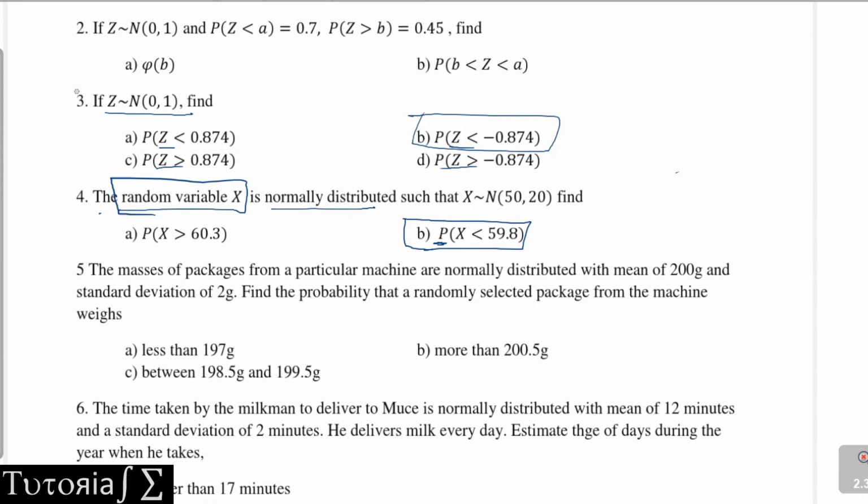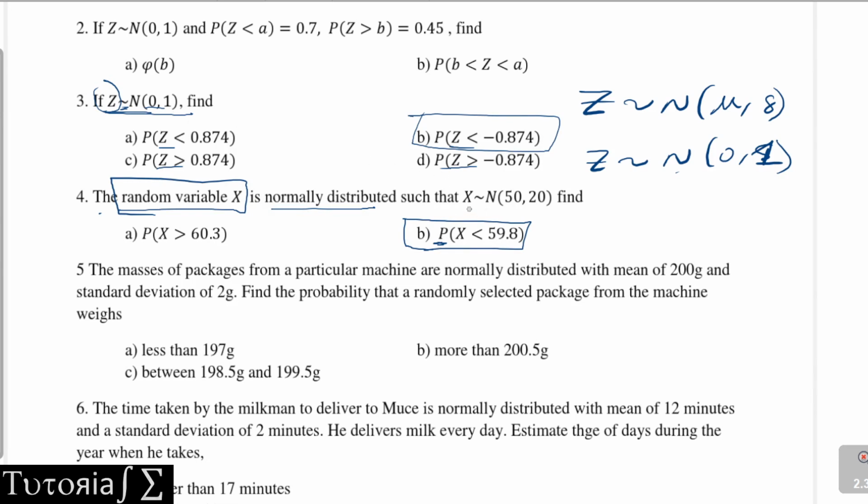For a z-score that is normally distributed, it has a mean and a standard deviation. The mean is 0 and the standard deviation is 1, as you will see written here. So if z is normally distributed, then the mean is 0 and the standard deviation is 1.